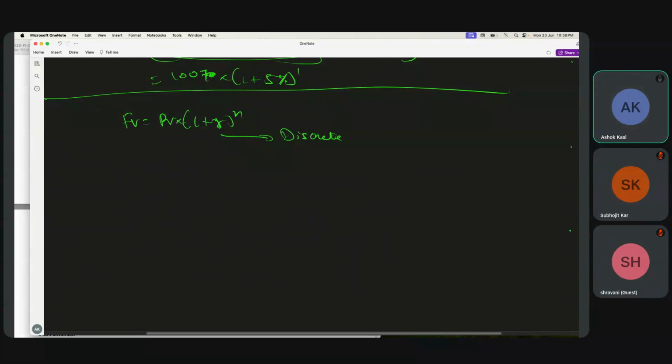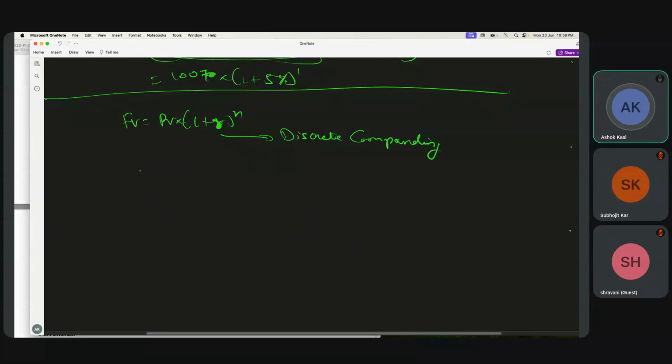Discrete means at this rate per year, let's say in this case, it is growing. Discrete compounding. Okay. Now what is continuous compounding?